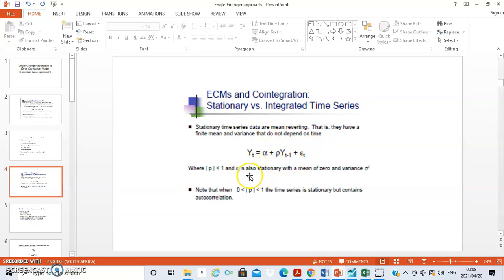Now, if this coefficient is less than 1, then we are also assuming that the error term is also stationary with a mean value of 0 and a constant variance. Okay, and now if this rho is between 0 and 1, then we are saying the time series is stationary, but it contains autocorrelation.